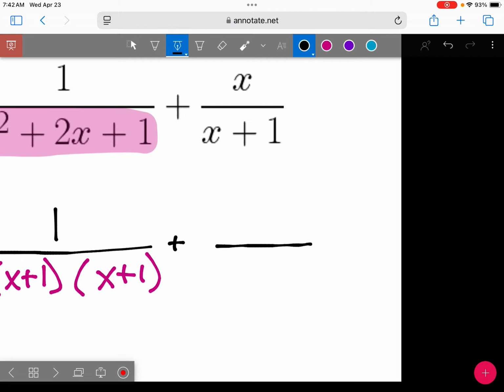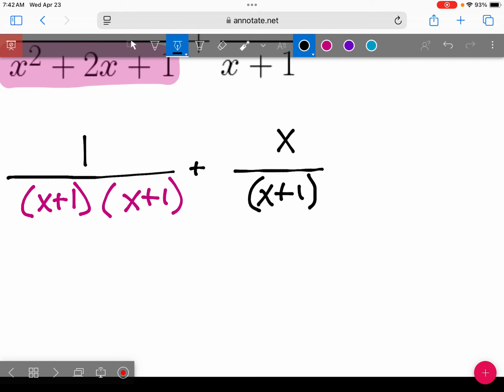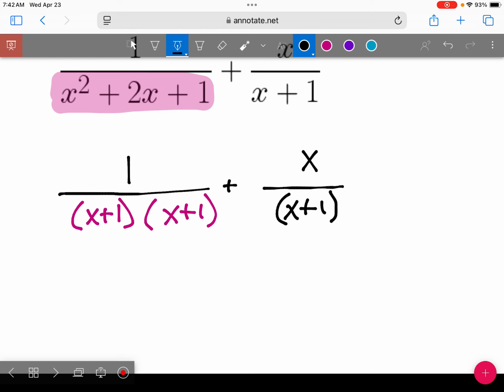It has a numerator of 1. We've got an x over here, and I've got our x plus 1 over here. And I'm going to put parentheses around it because it looks like a factor. So now that we see it like this, yep, because this one has 2 of them.